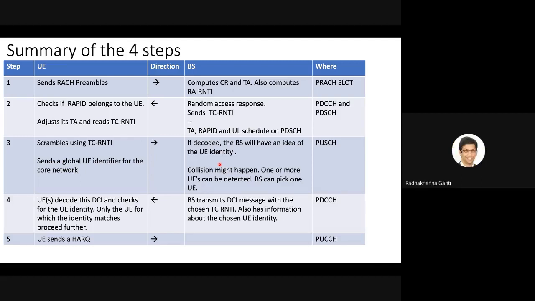Both of them can never be decoded, because if the SINR, the signal to interference plus noise ratio, of one user is large, the SINR of the other user will automatically be low. So only one of them will be decoded at most, or zero will be decoded. If none of them are decoded, then the step 4 message will not come for both the UEs.